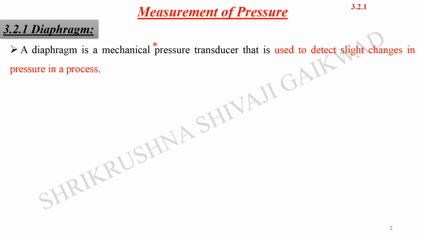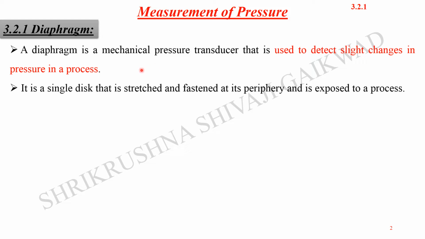So the diaphragm is actually a mechanical pressure transducer that is used to detect slight changes in the pressure in a process. It is a single disc that is stretched and fastened at its periphery and is exposed to a process.